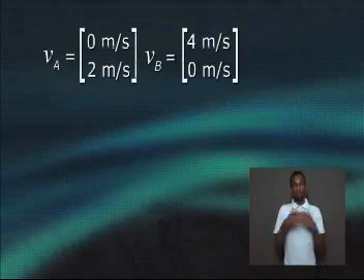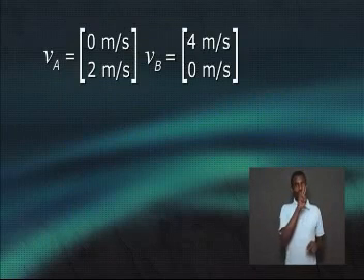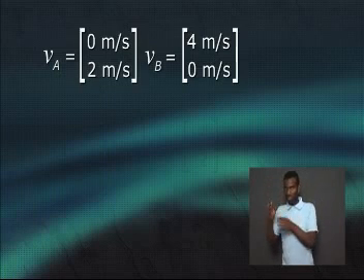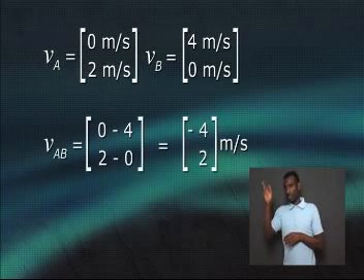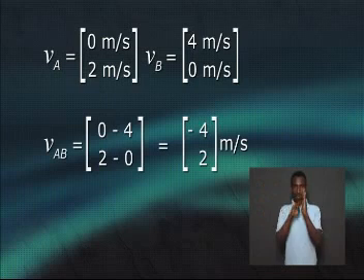In vector form, the velocity of the river is 0, 2. The velocity of the ferry is 4, 0. To calculate their relative velocity, we subtract, and the difference is -4, 2.